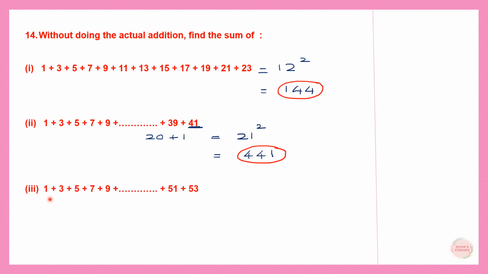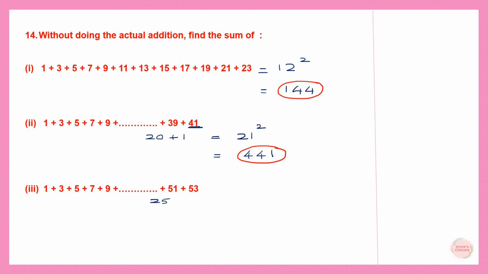Next one, here also we have odd numbers: 1 plus 3 plus 5 plus 7 and so on, right up to 53. Now if we take all numbers from 1 to 50, we have 50 numbers. If you take only the odd numbers, that means half of that, which is 25.